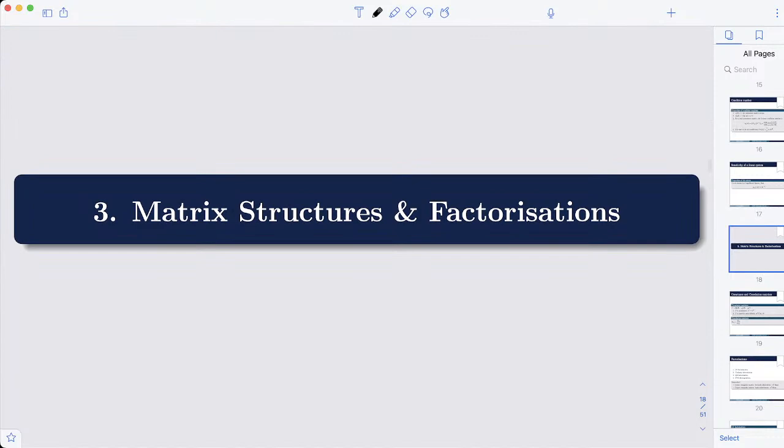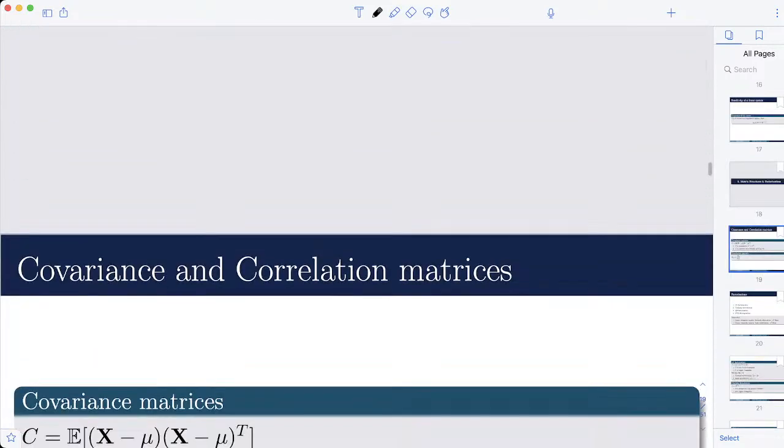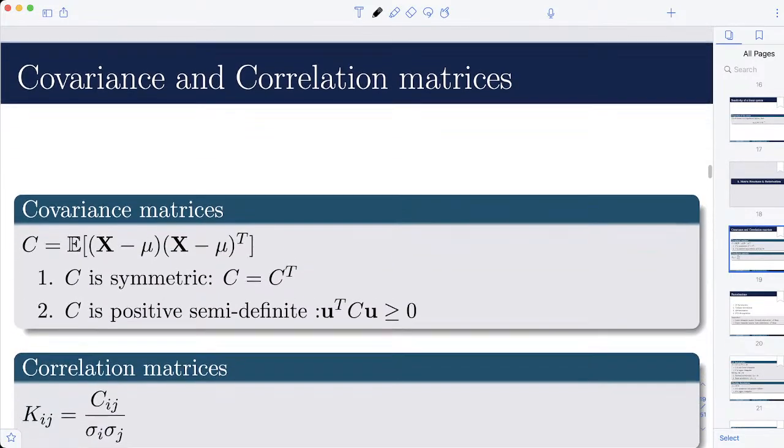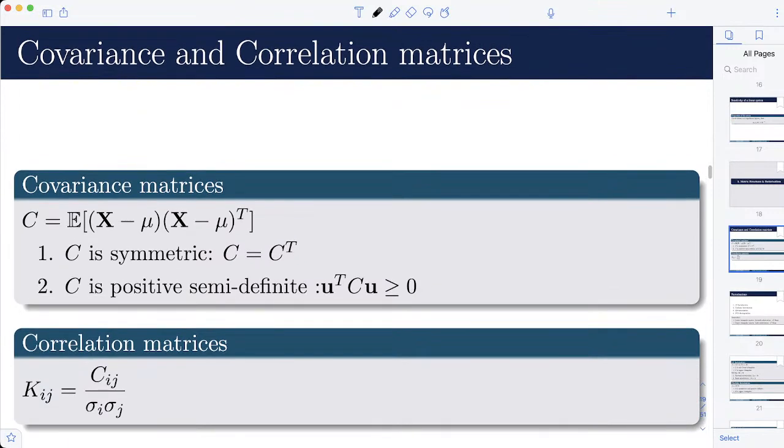Matrix structures and factorizations. Before I get into that, just a few things to cover. So covariance and correlation matrices. The key things that I want to point out is that covariance and correlation matrices are symmetric. They're also positive semi-definite, and if they're non-singular, they're positive definite. And what that means is you can use things like Cholesky factorization on them.